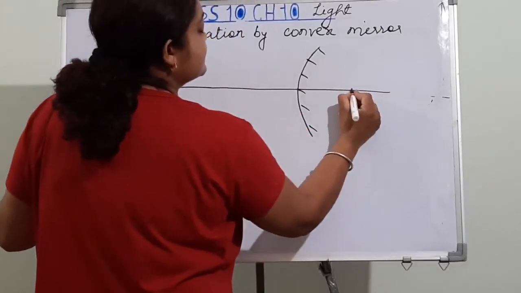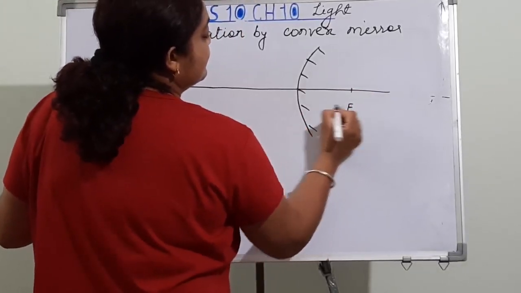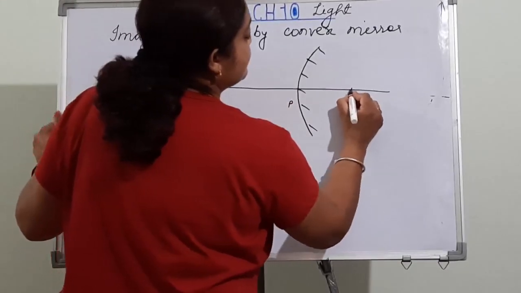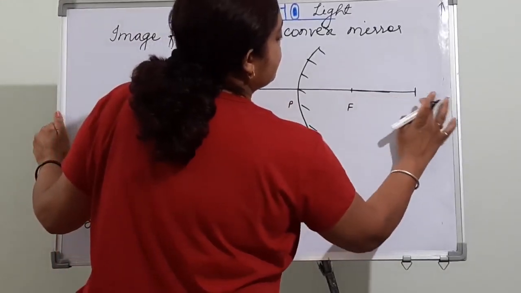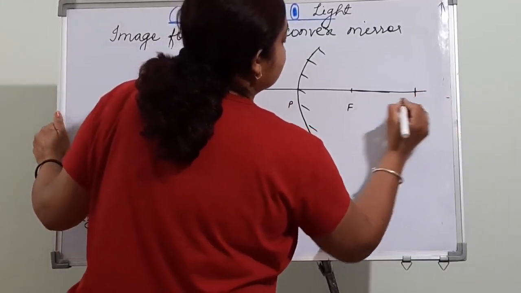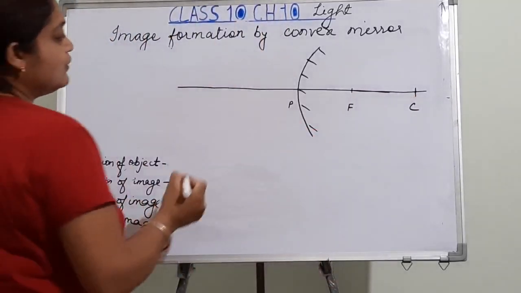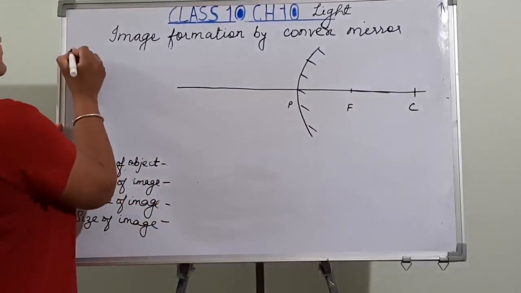Principal axis, focus, pole, center of curvature.